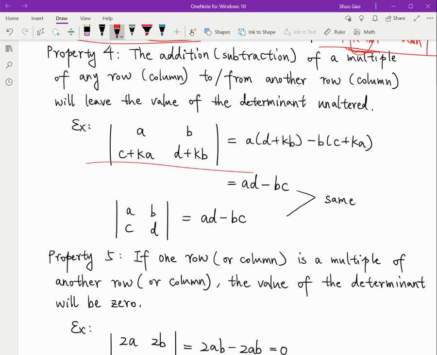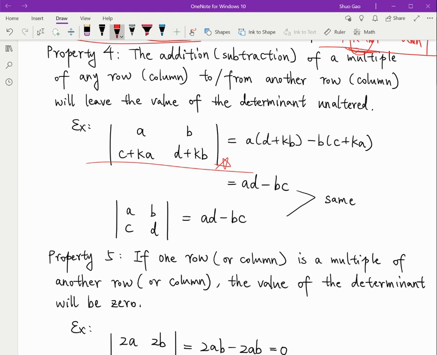Right, so based on property 4, the addition or subtraction of a multiple of any row to another row will leave the value of the determinant unaltered. So if we want to simplify this determinant, maybe we think it's a little bit complicated, so we want to simplify that.